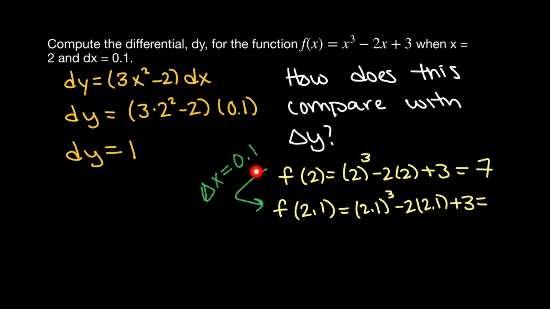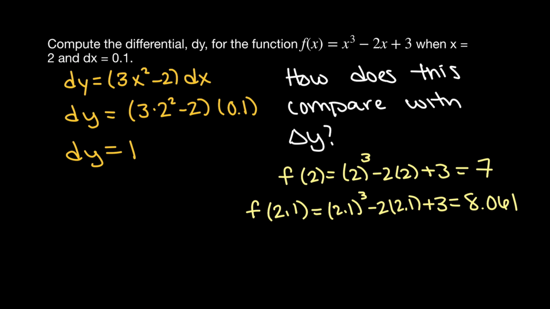Then, if we go over 0.1 units, if our dx, which is the same as our delta x, is equal to 0.1, we're now at an x value of 2.1. So I'm going to take 2.1, I'm going to plug that into my function, and I ended up getting 8.061. So the delta y is going to describe how these y values are changing.